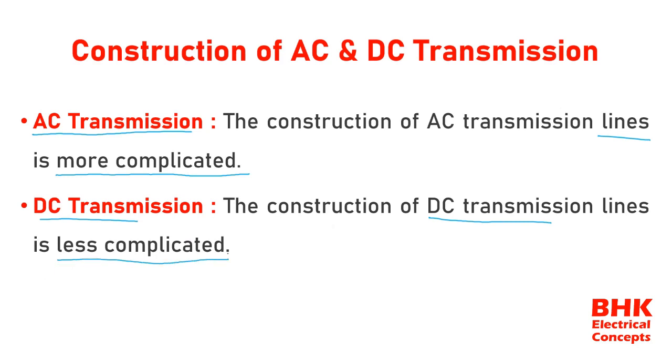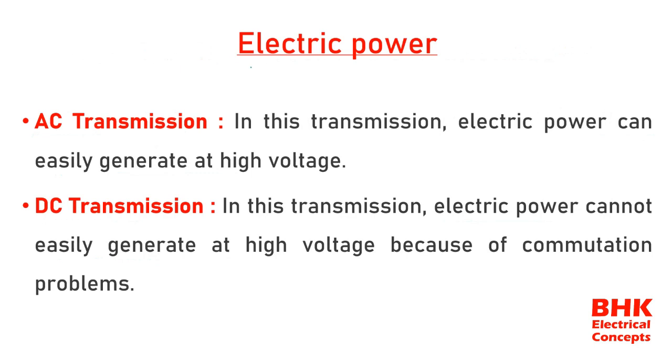That is one of the important points. Why? In AC transmission systems, we use 3 individual phase lines and also transmission towers. But in DC transmission, we carry only 2 lines, that is 2 conductors, to transmit the DC energy.